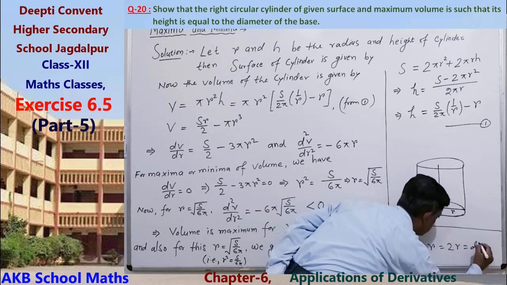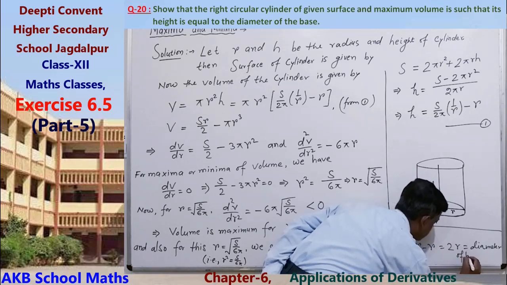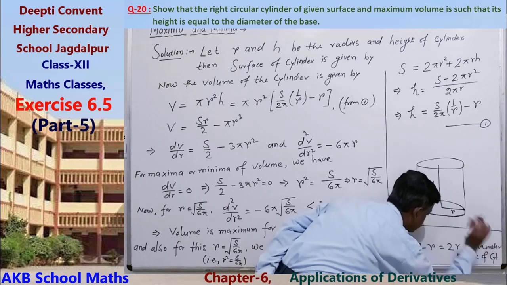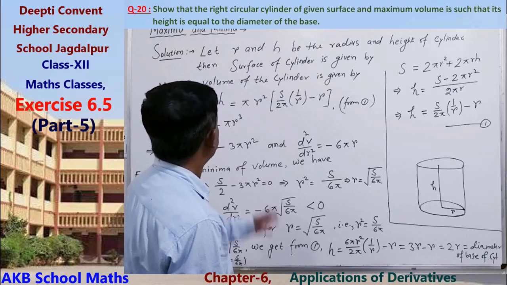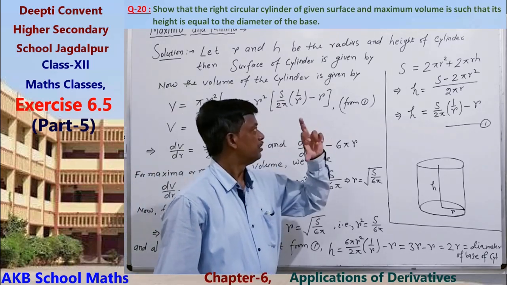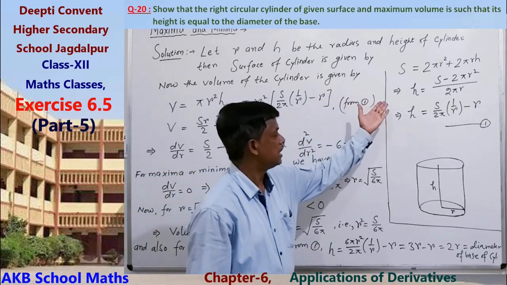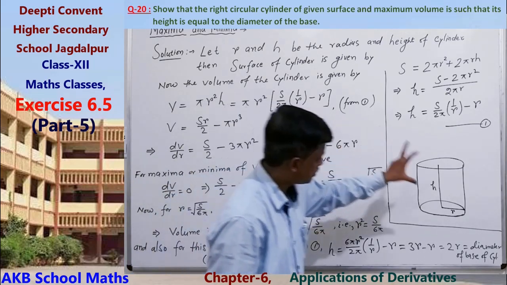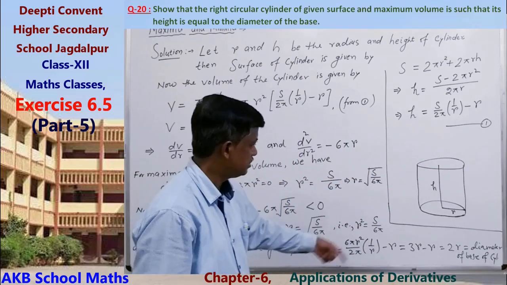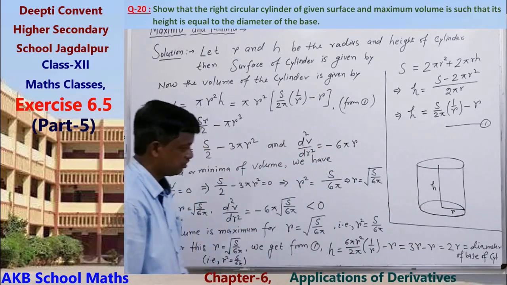That is the diameter of the base of the cylinder. Okay. So we have proved that whenever a right circular cylinder has given surface S and volume is maximum, then the height of the cylinder h is equal to the diameter of the base. Okay, hence proved.